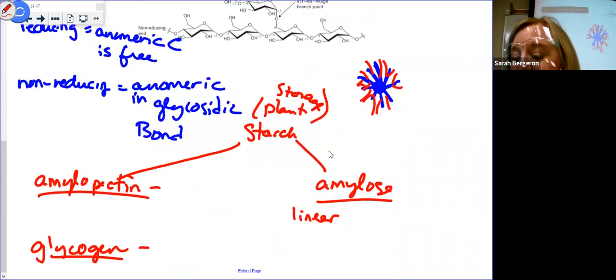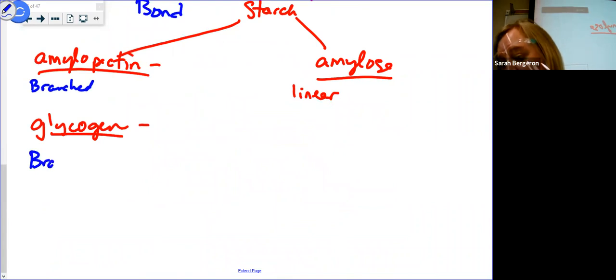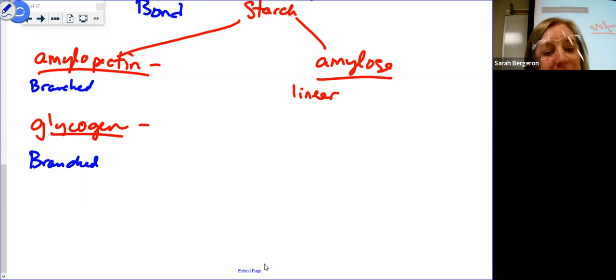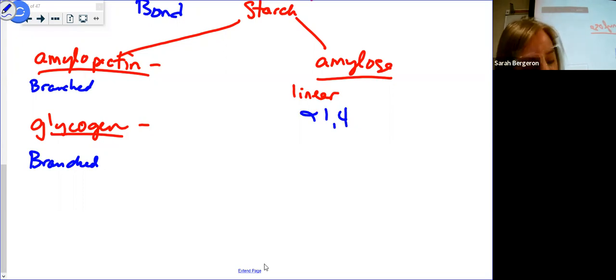Both amylopectin and glycogen, on the other hand, are branched. The other thing that's different is the type of glycosidic bond. In amylose, we have an alpha 1,4 linkage. That's what gives it that helical structure.